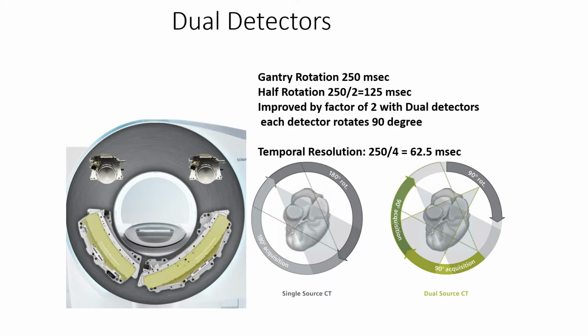Okay, so we talk about temporal resolution. For regular CT, most CT scanners, except for the dual source, have a gantry time of 250, 220, so the temporal resolution is about 110, 120. Dual source, like what we have, because there are two scanners, they don't need to go around 180, they only need to go a little bit over 90.